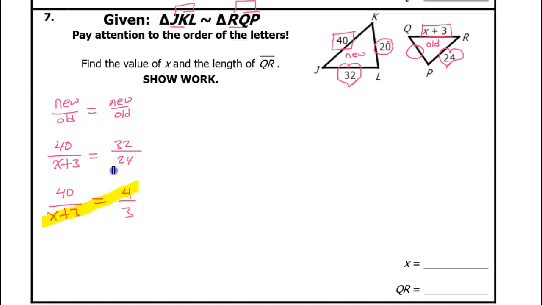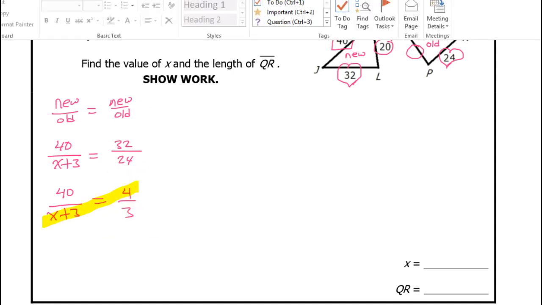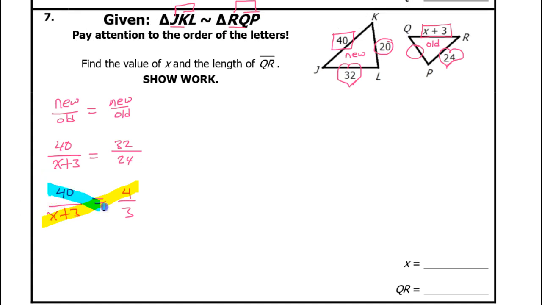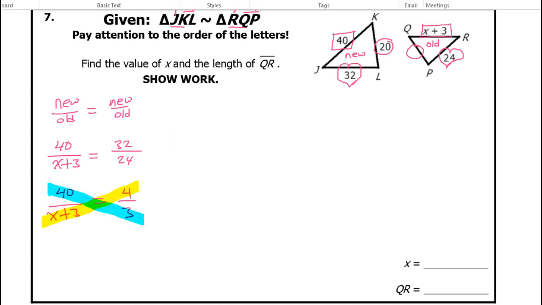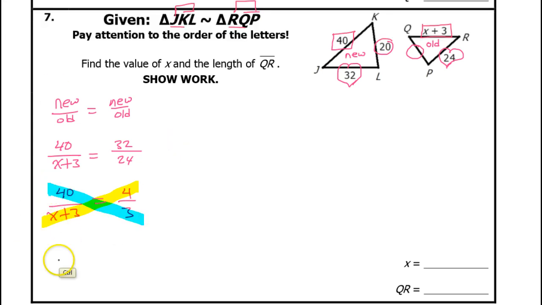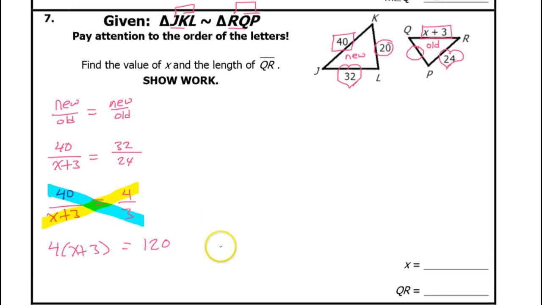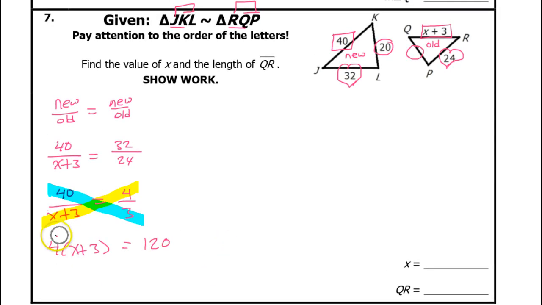I'm going to do this diagonal, and I'm going to do this diagonal. The yellow diagonal, that's going to be 4 times x plus 3. The blue diagonal, that's going to be 120. So a little distributive property here, and I get 4x plus 12 is equal to 120.